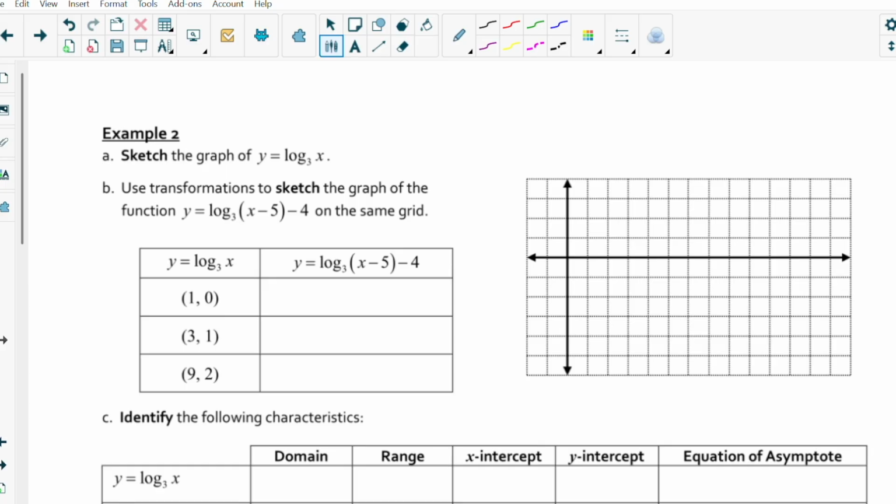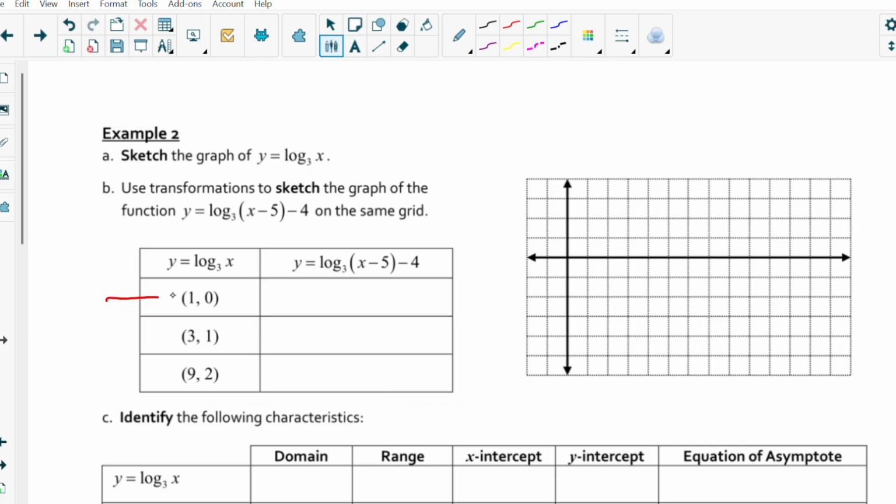Sketch the graph of y equals log base 3 of x. Use transformations to sketch the graph of the function y equals log base 3 of (x minus 5) minus 4 on the same grid. Okay, first let's sketch log base 3 of x. We can't have x equals 0, so that's going to be our asymptote. It's going to approach x equals 0, the asymptote.